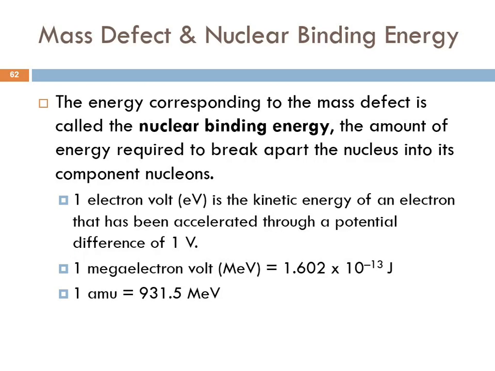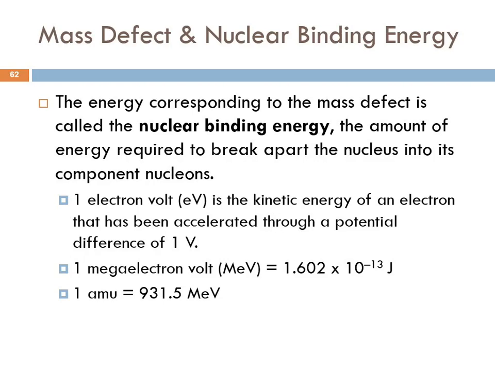Take 1 electron, give it the energy through a potential of 1 volt, and that's what you've got. So a mega electron volt is 10 to the 6th electron volts, and that's equivalent to 1.602 times 10 to the minus 13th joules. So a mega electron volt sounds big and impressive, but it's actually very small.